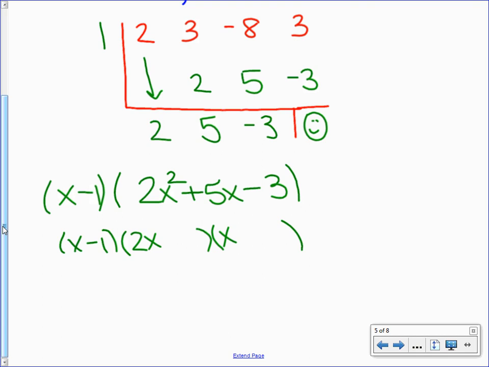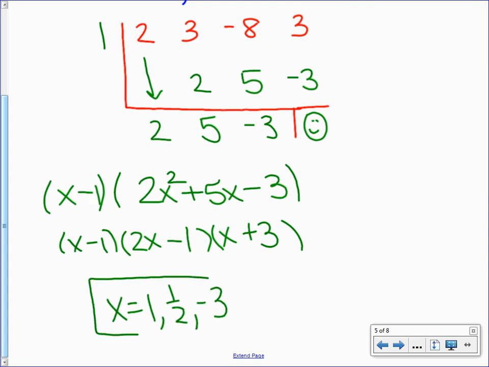X plus 3 times 2x minus 1. Do you agree? I feel good about it. Okay? So that means our zeros are x equals 1, x equals 1/2, and x equals -3.